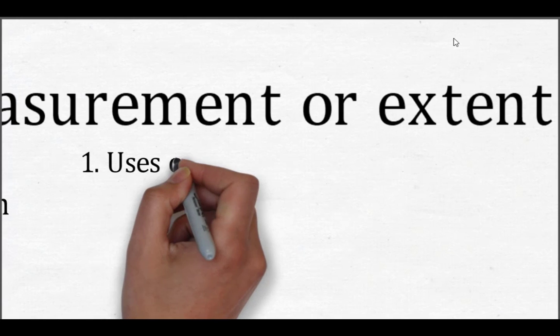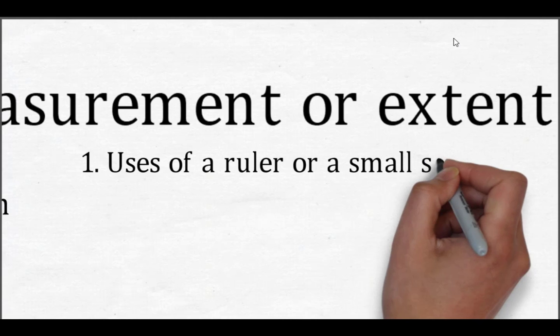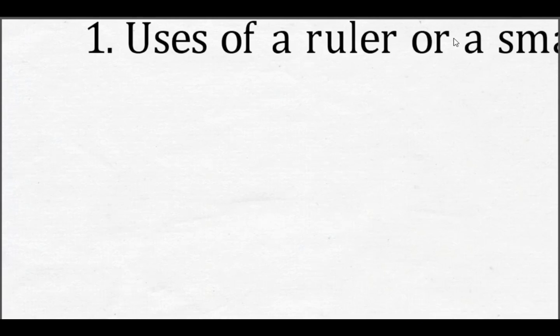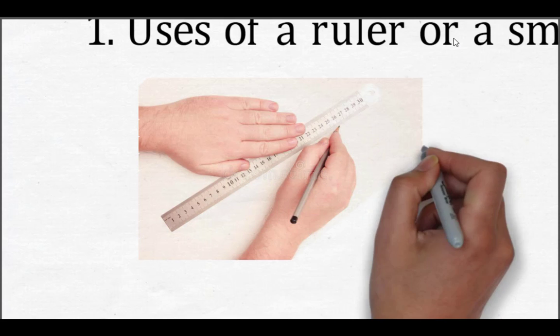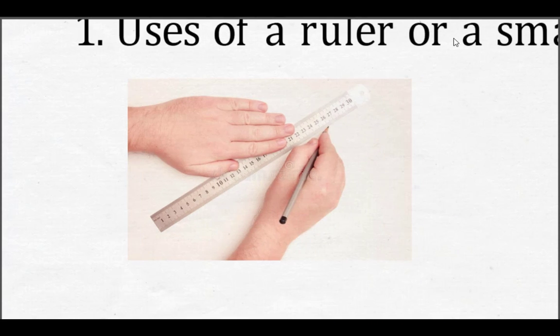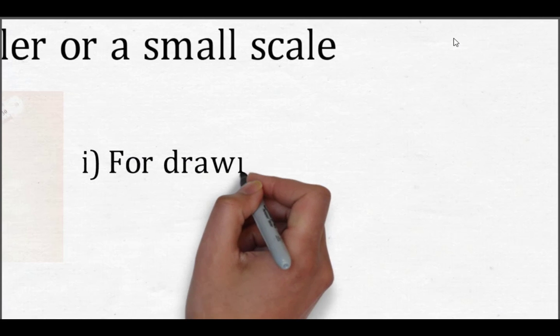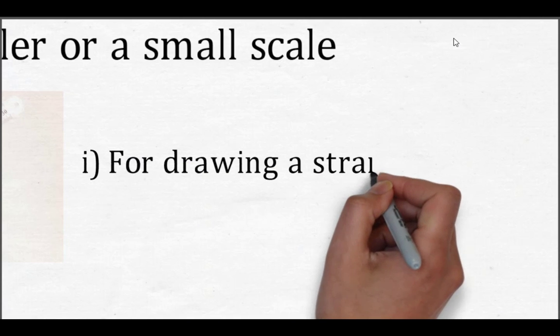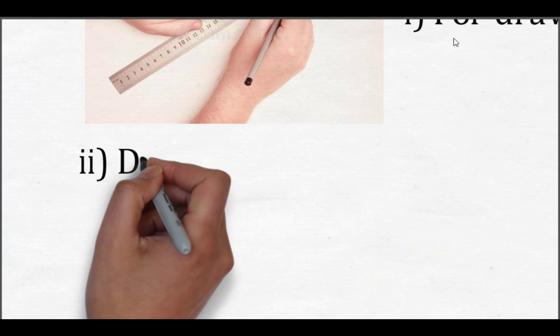The uses of a ruler or a small scale: we used to draw a straight line or margin using the scale, is it not? First, for drawing a straight line, we use our scale.